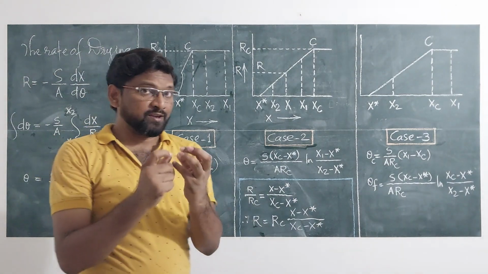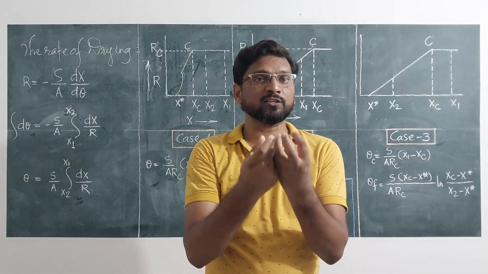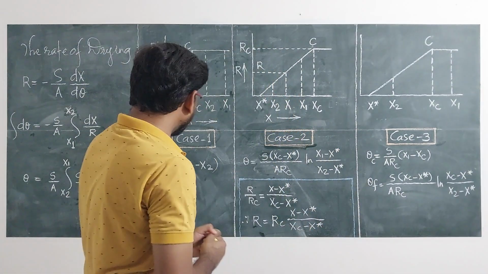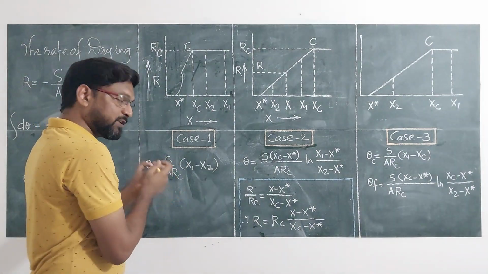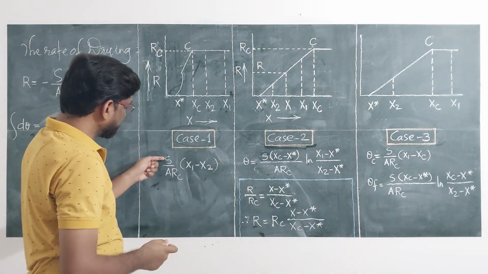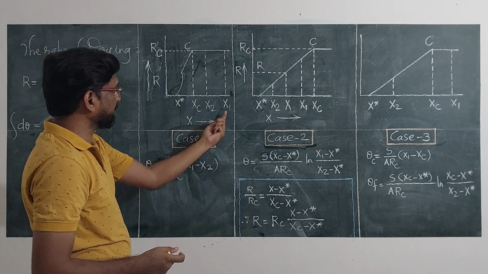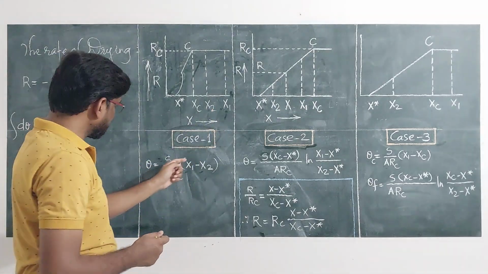So if we are asked to remove the moisture within the constant rate period of the drying operation, we have to apply this formula to calculate the time required for drying. S divided by A RC into x1 minus x2. Initial minus final. This is the case 1.